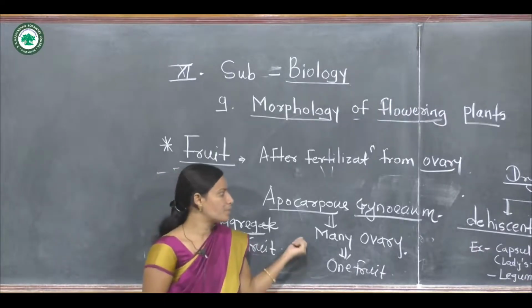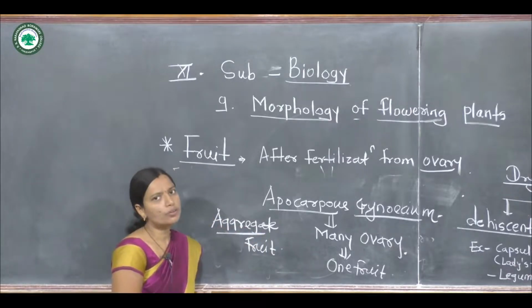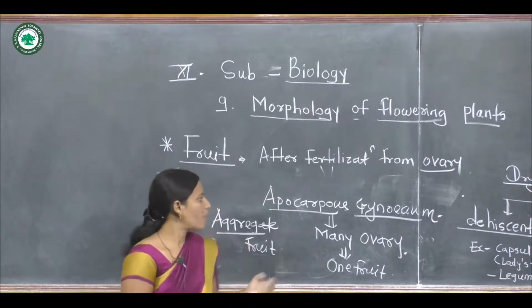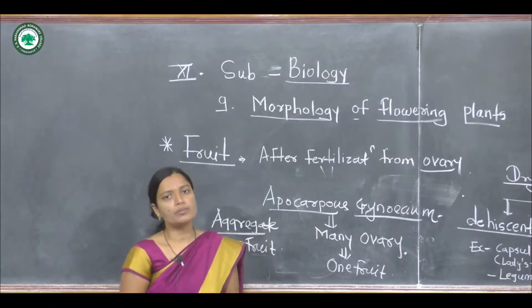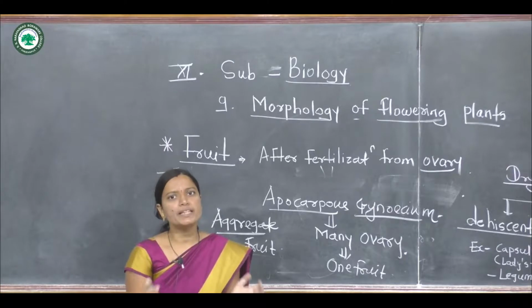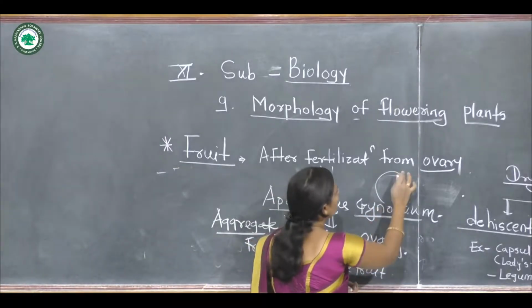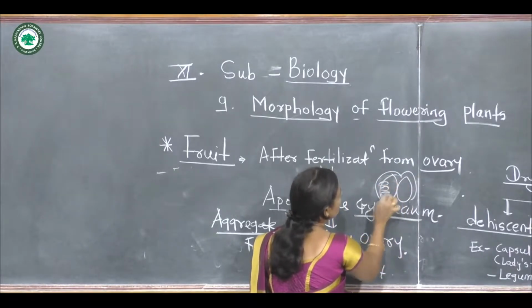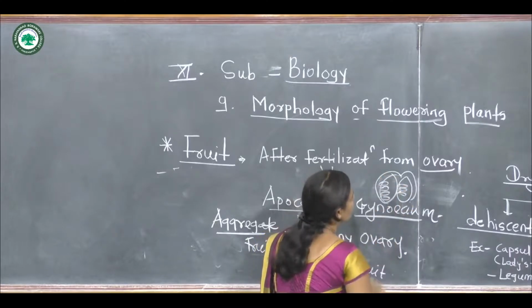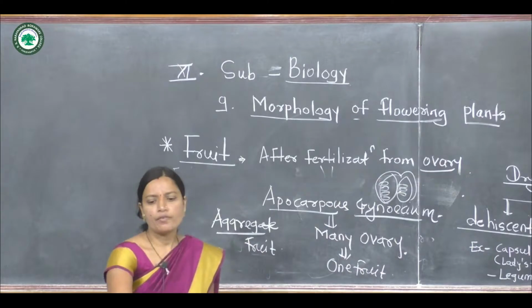Another example is strawberry. This aggregate type of fruit is formed from many ovaries, and inside this fruit are many seeds. The custard apple shows many seeds inside.